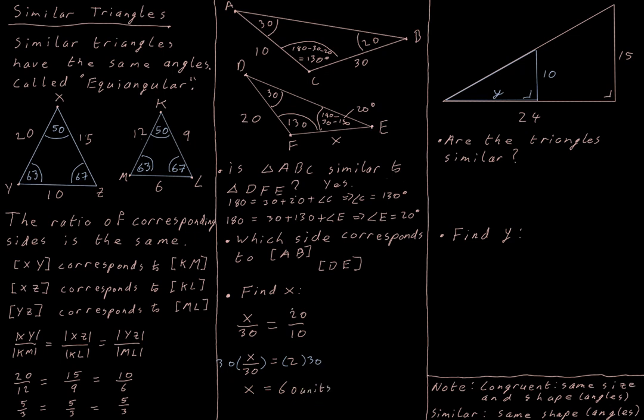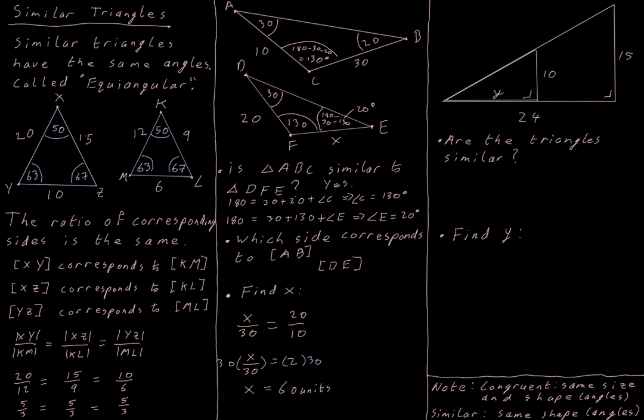Now what we can see here is the ratio of the sides. So let's just be very clear. I had my side for my triangle DFE on top in both cases. So I have DFE all over ABC and DFE all over ABC.